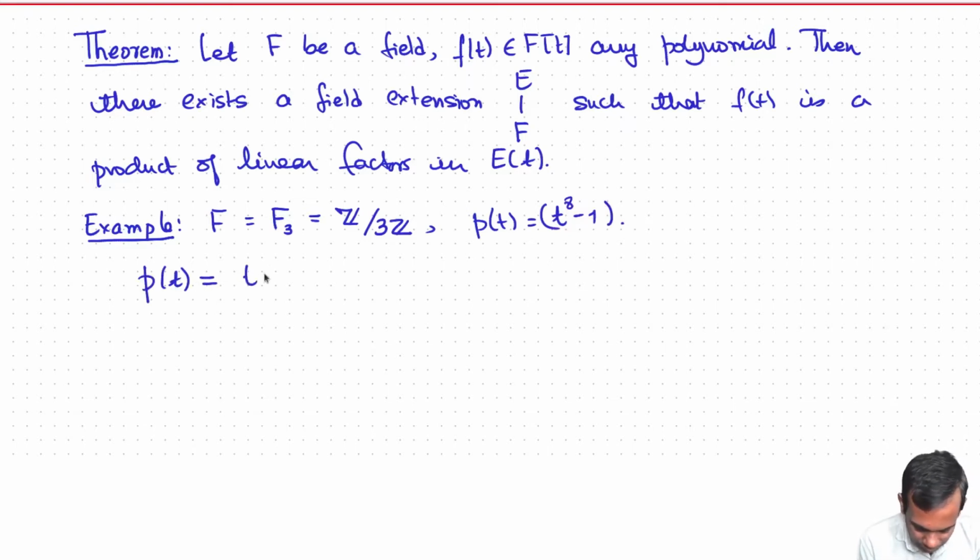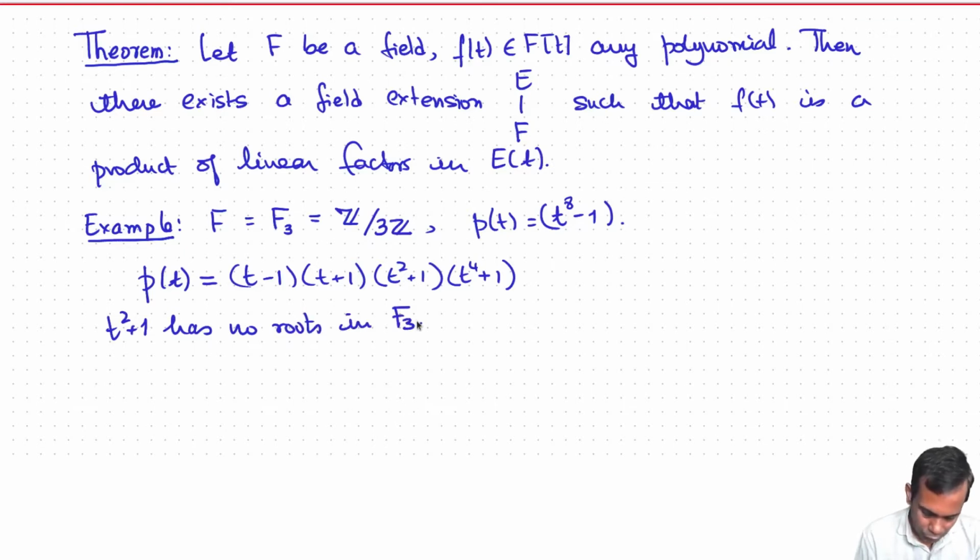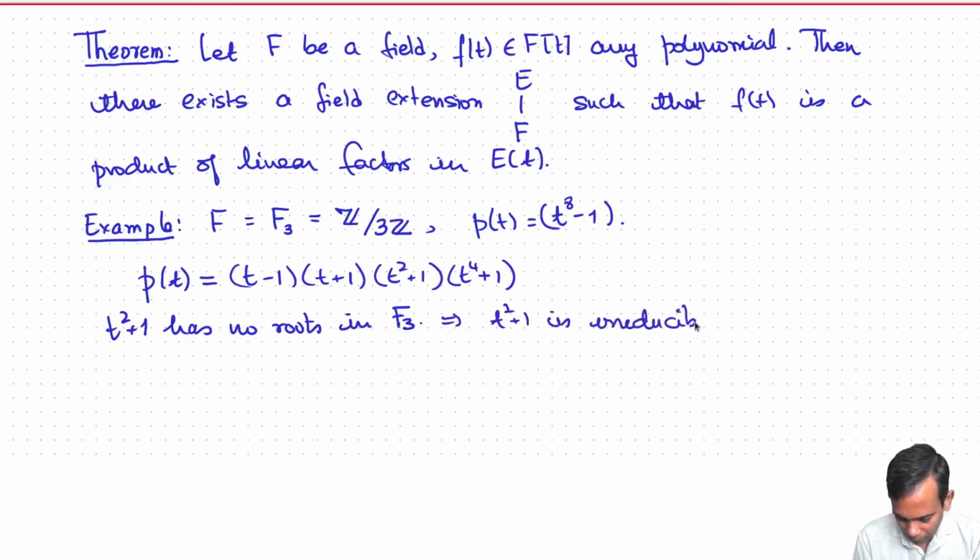So it has a factor t minus 1. t minus 1 times t plus 1 is t squared minus 1. t squared minus 1 times t squared plus 1 is t to the power 4 minus 1. t to the power 4 minus 1 times t to the power 4 plus 1 is t to the power 8 minus 1. Now you can easily check that t squared plus 1 has no roots in F3. So in fact, t squared plus 1 is irreducible in F3[t].